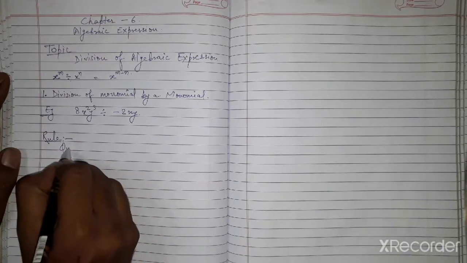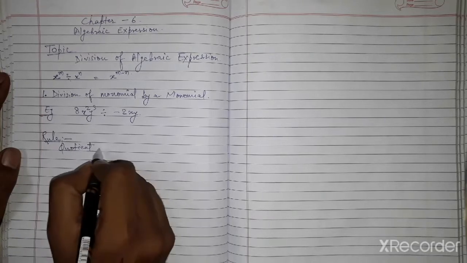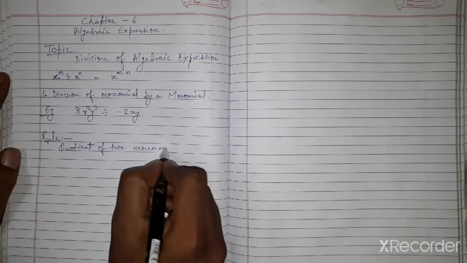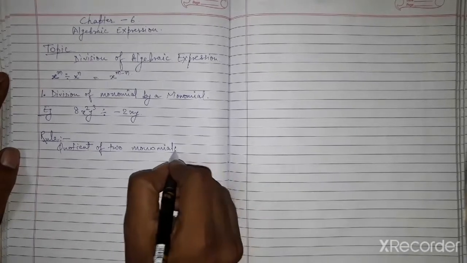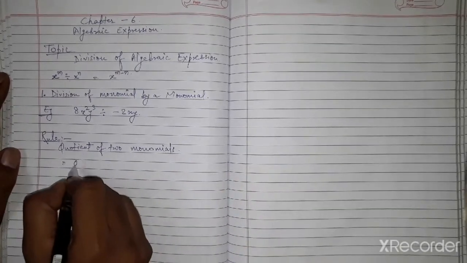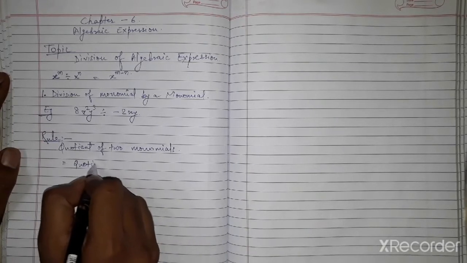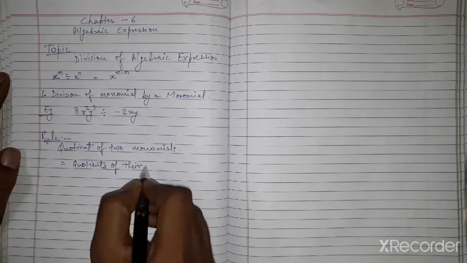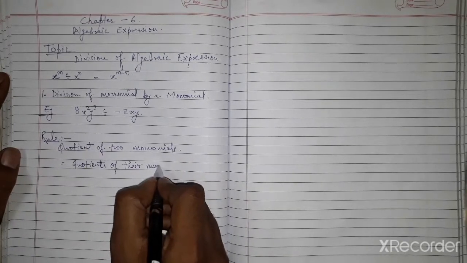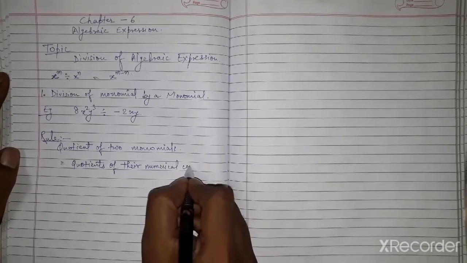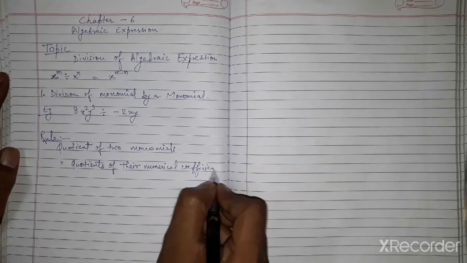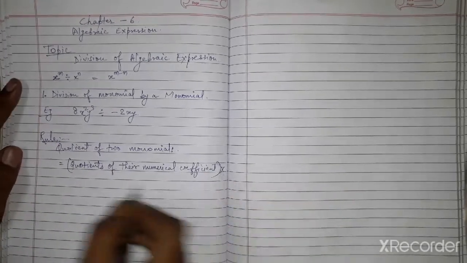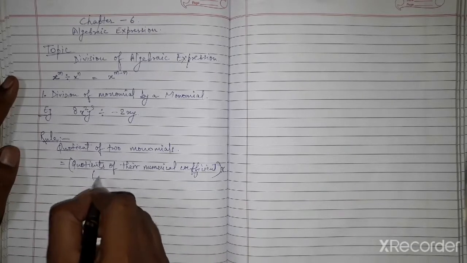Rule is quotient of two monomials is equal to quotient of their numerical coefficient multiplied with quotient of their variables.